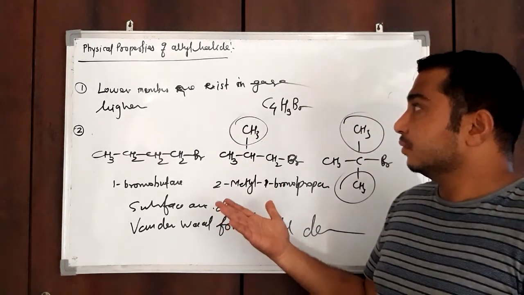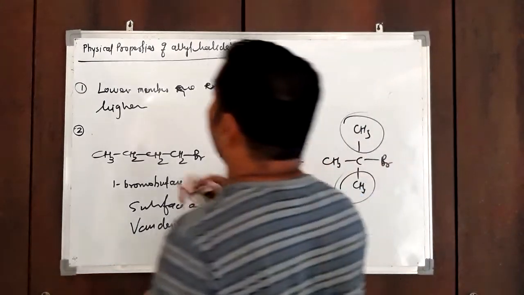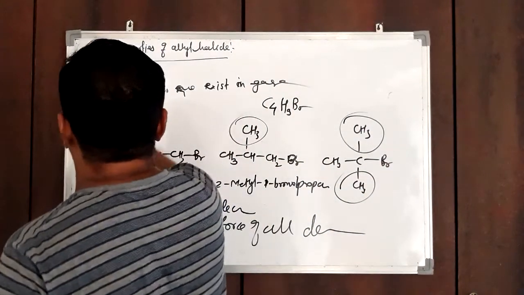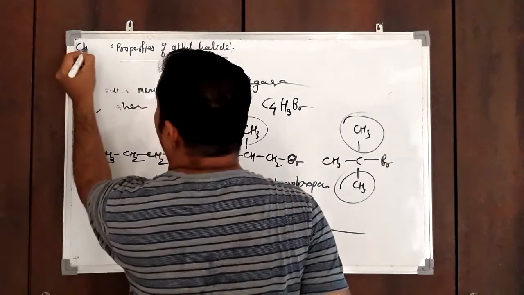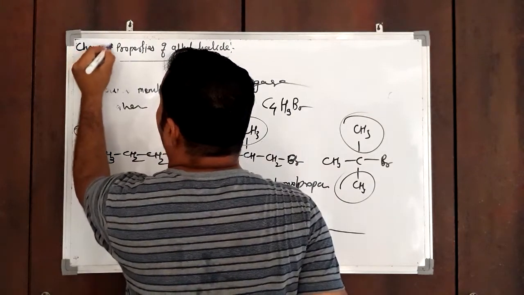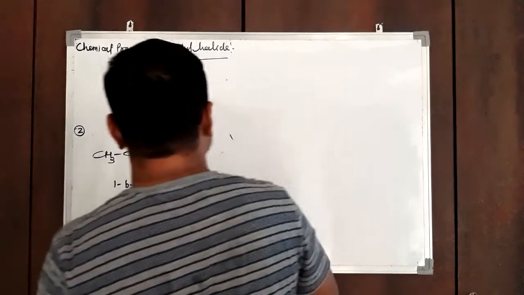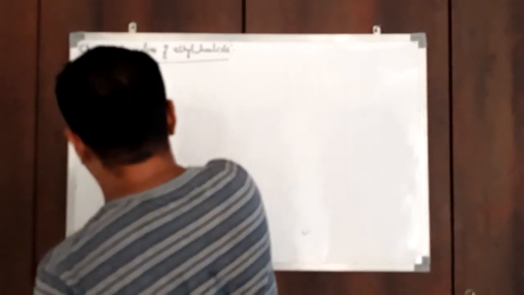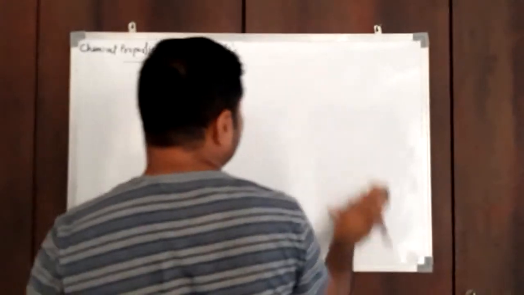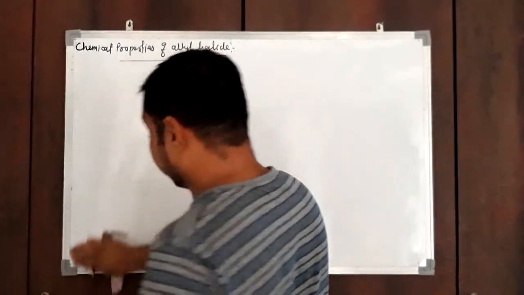Now we will discuss chemical properties of alkyl halides. We will discuss the reactions of alkyl halides, or applications of alkyl halides: what type of chemical compound we can prepare from alkyl halides.